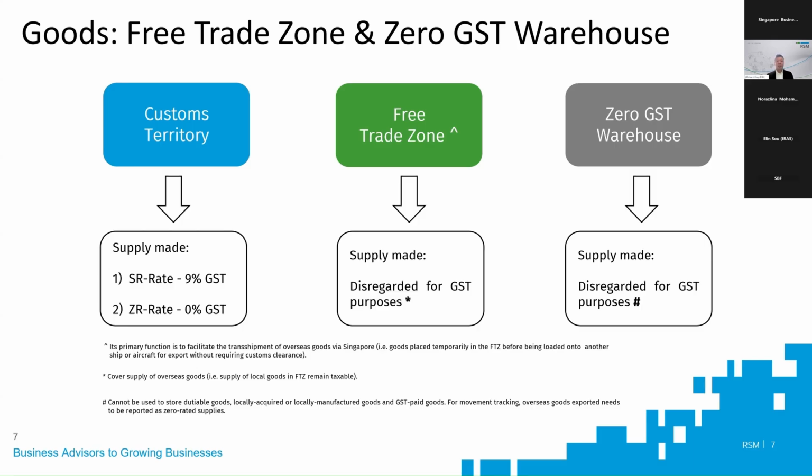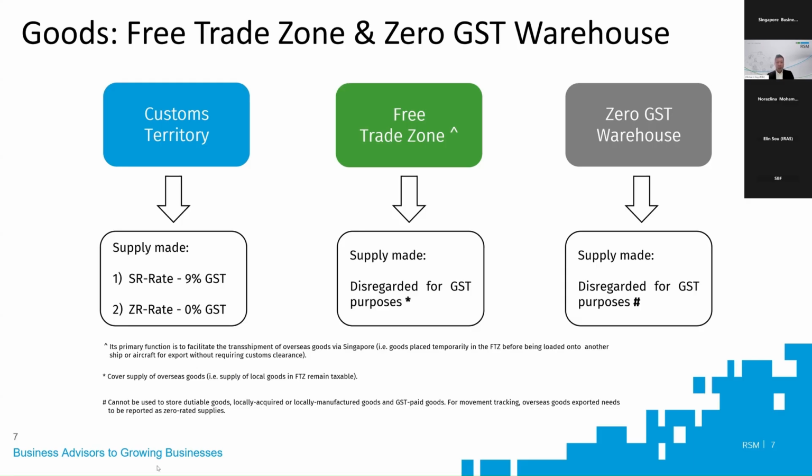Okay, so this is something which I believe will help align us along the way, as there's one question that has been raised on cargo that come into the free trade zone or zero GST warehouse.